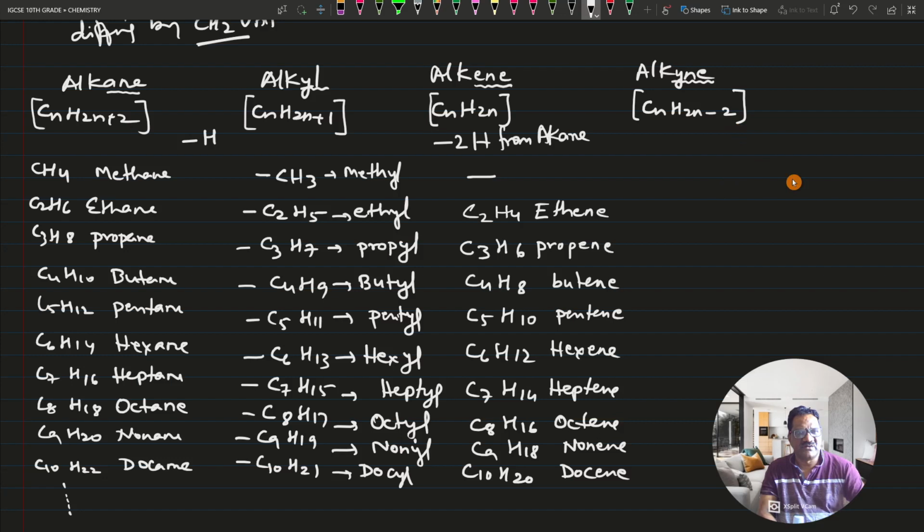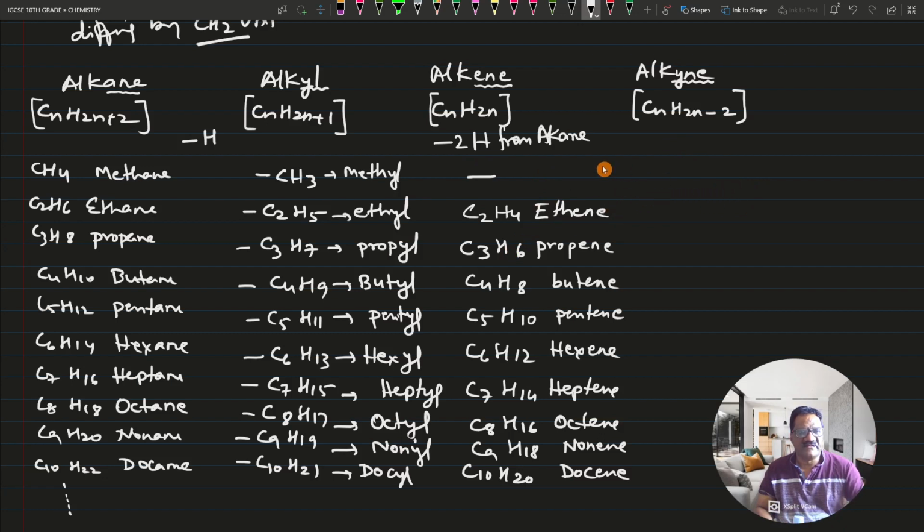CnH2n minus 2. Now, this family, how are you going to name it? Alkyne. This is alkyl, this is alkene, and for alkyne what should be done?